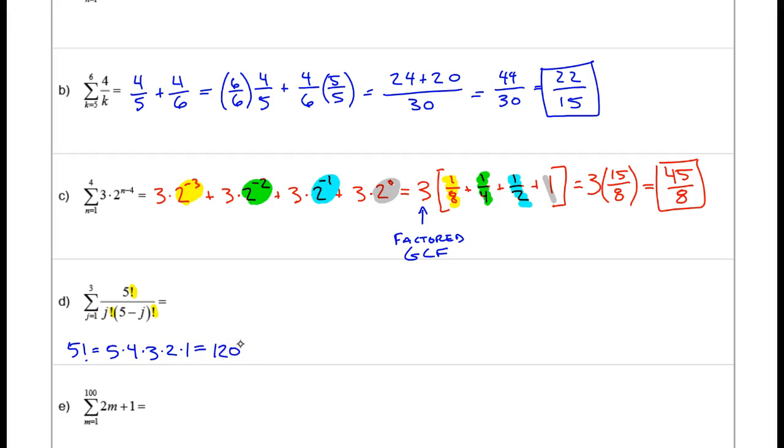And if you are so inclined, you can find the factorial button buried in your calculator somewhere. That function is going to be built into your calculator. 4 factorial is going to give me 4 times 3 times 2 times 1, or 24. 3 factorial, these get easier as we go down, is 3 times 2 times 1, which is 6.